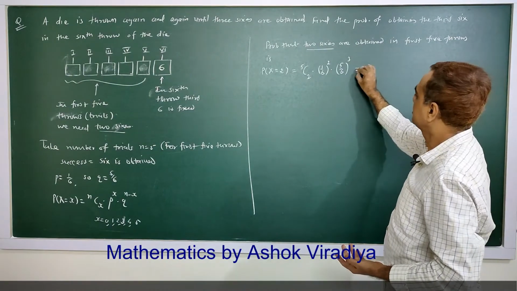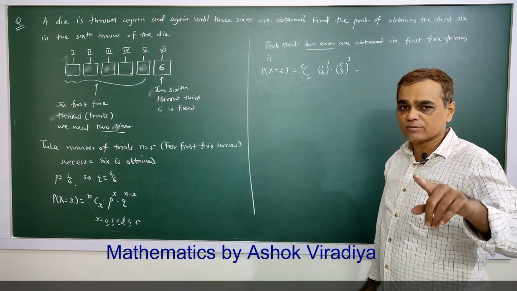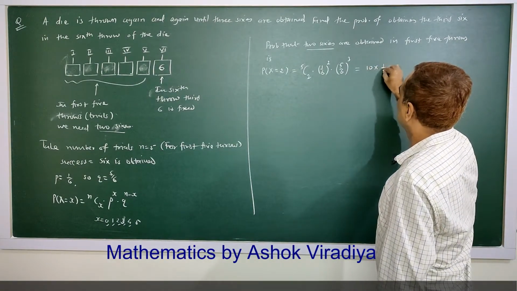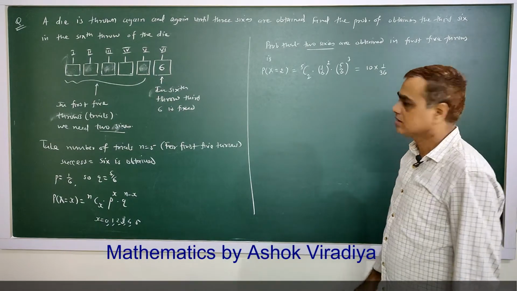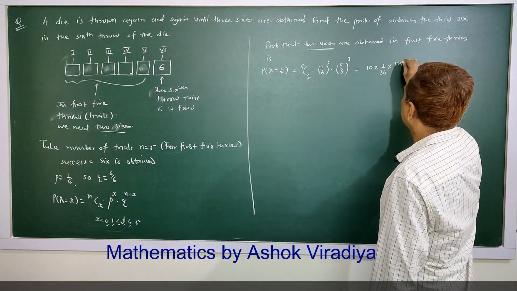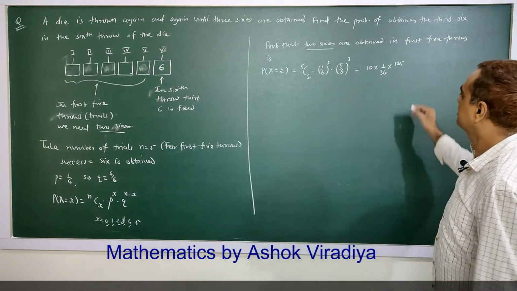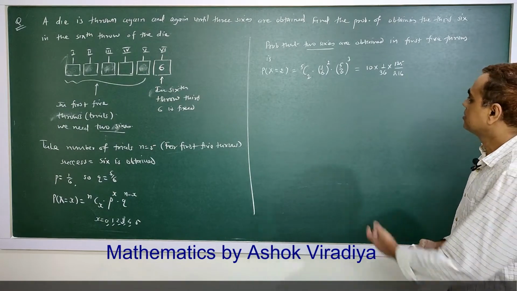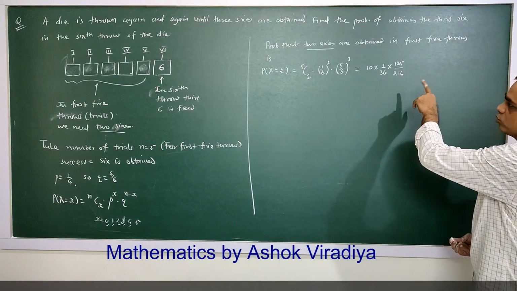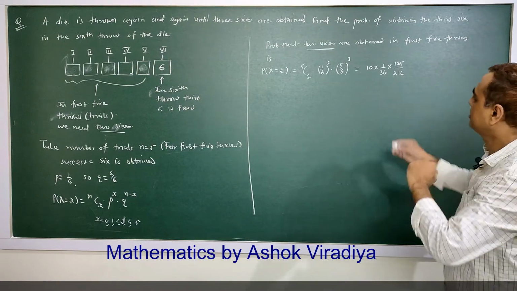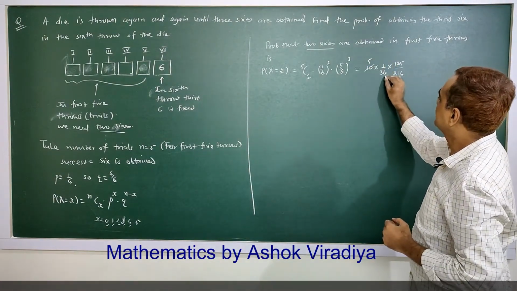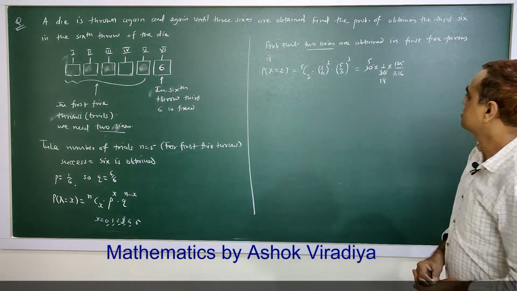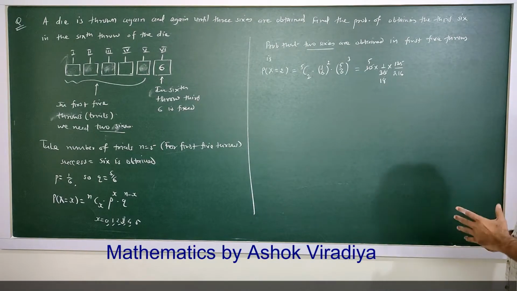So this is 5C2, which is 5 into 4 upon 2 into 1, 10, into 1 by 36 into 125 by 216. So 10 into 1 by 36 into 125 by 216. So 5 into 2 is 10, 6 into 6 is 36, 18 into 6, 18 into 2 is 36, 5 into 2 is 10.